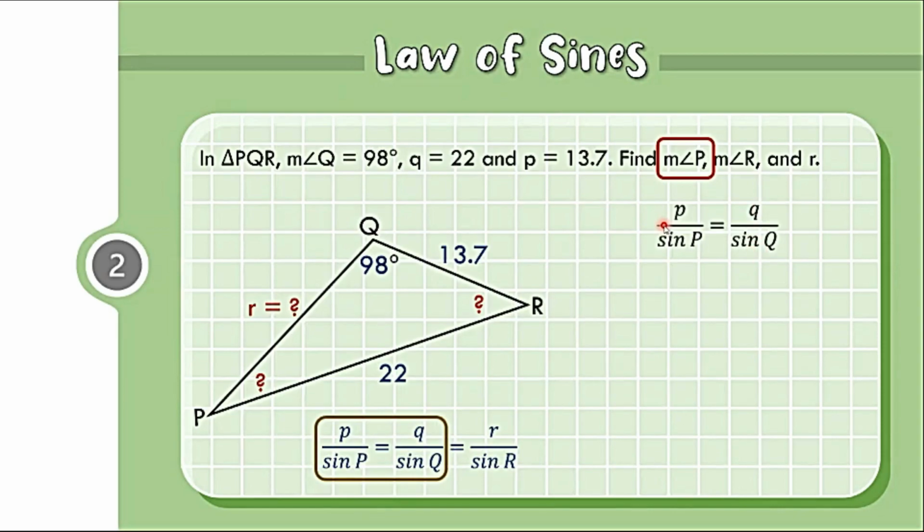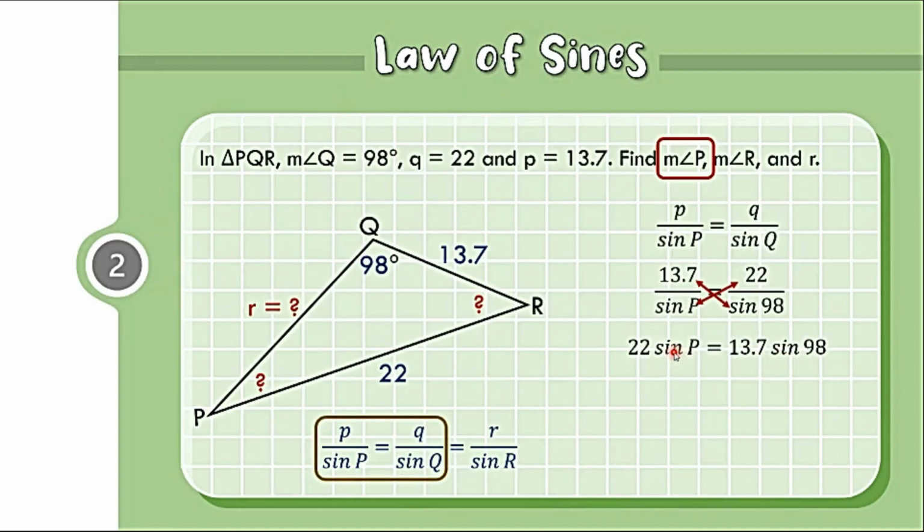Let us substitute the length of side P, the length of side Q, and the measure of angle Q. Therefore, we will have 13.7 over sine P is equal to 22 over sine 98. Let us cross multiply: sine P times 22 and sine 98 times 13.7, so 22 sine P is equal to 13.7 sine 98.